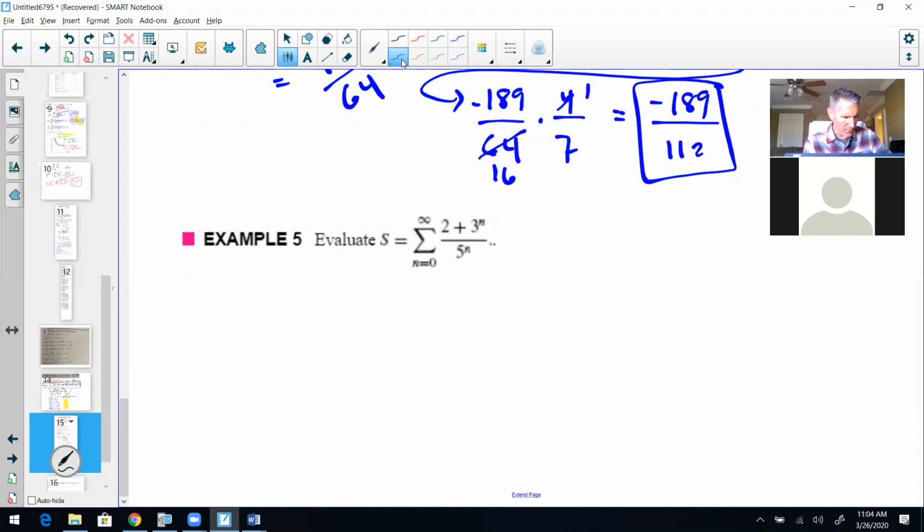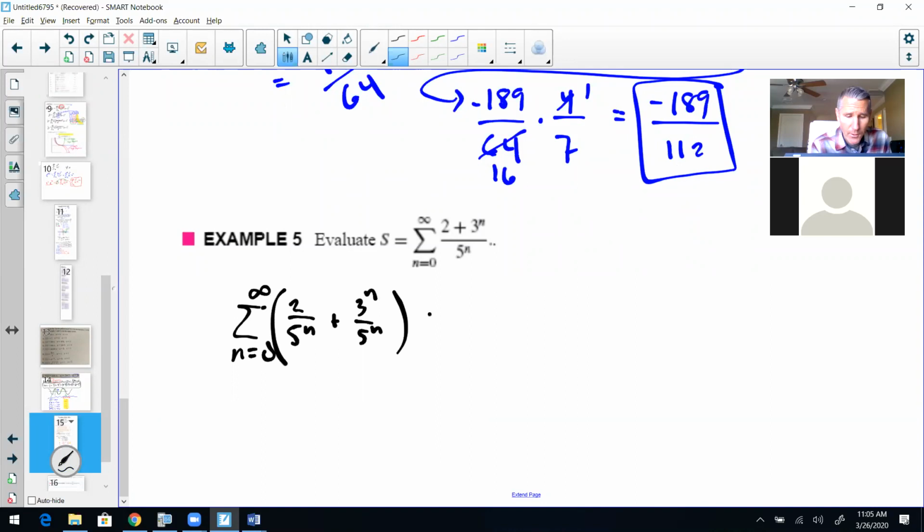the first thing I would do is apply the denominator to each term in the numerator. So I would say the summation as n goes from 0 to infinity of, so that's going to be 2 over 5 to the n plus 3 to the n over 5 to the n.